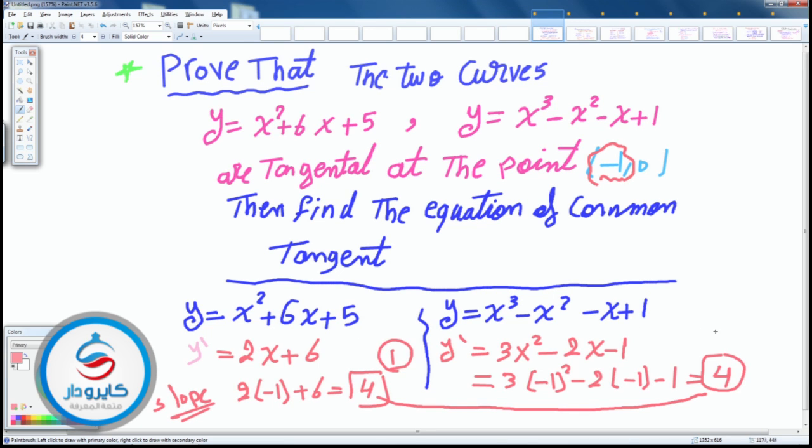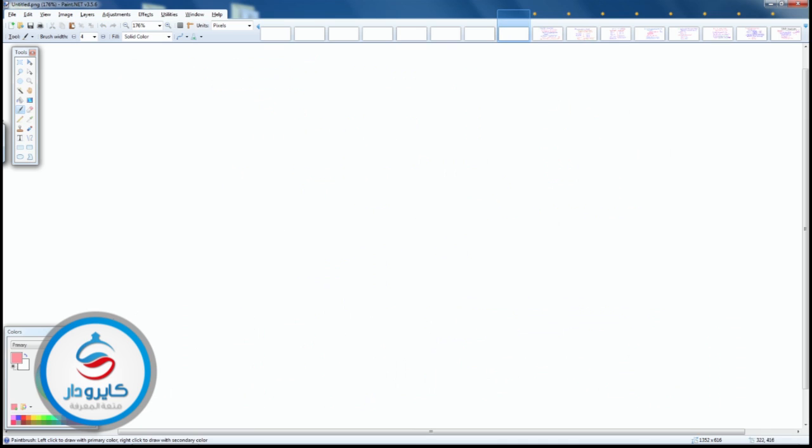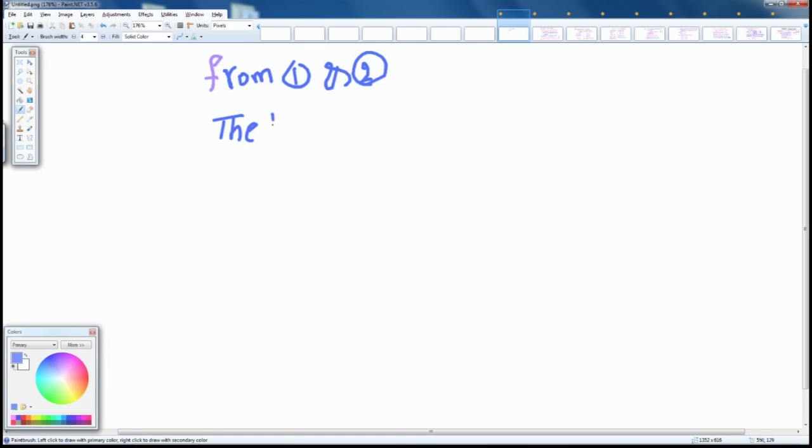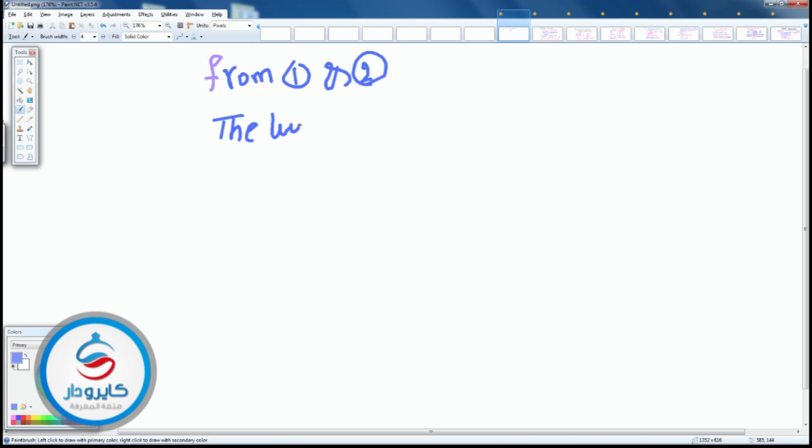Now we can say that this is number 1 and this is number 2, so from 1 and 2 we can say that the two curves are tangential at the point negative 1 with 0.